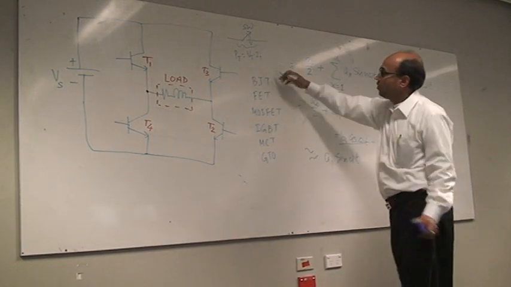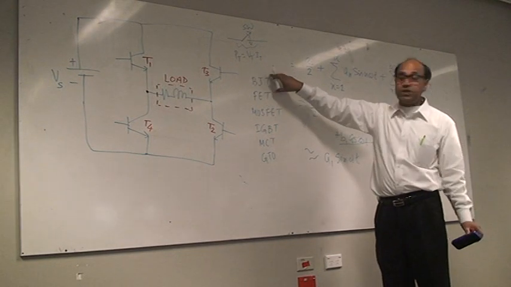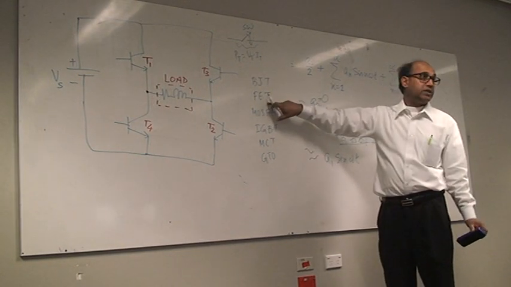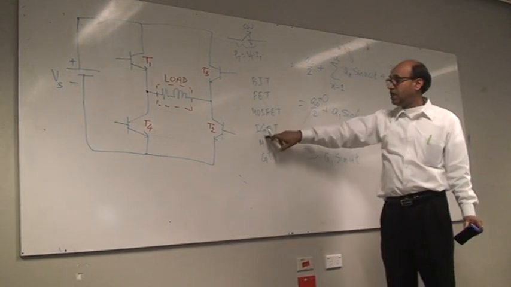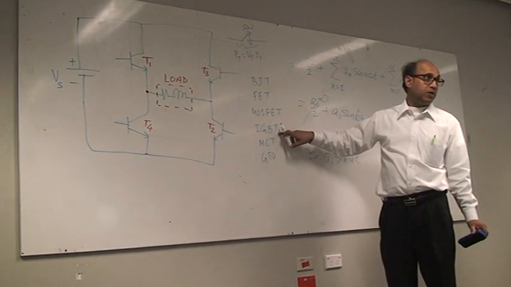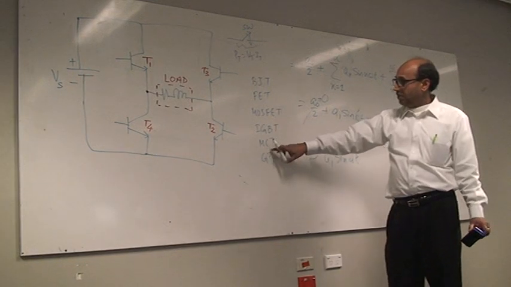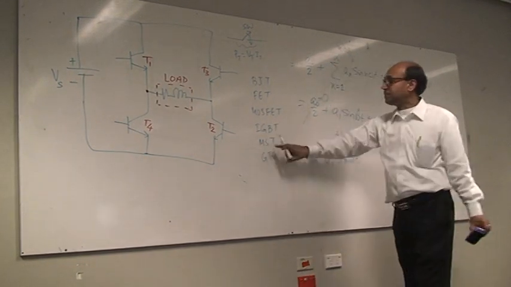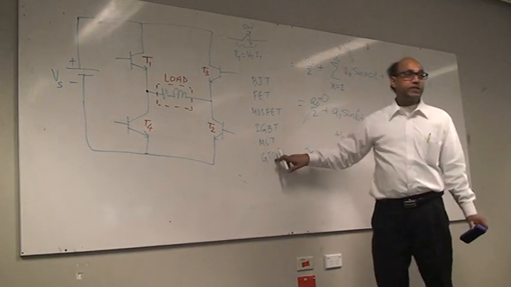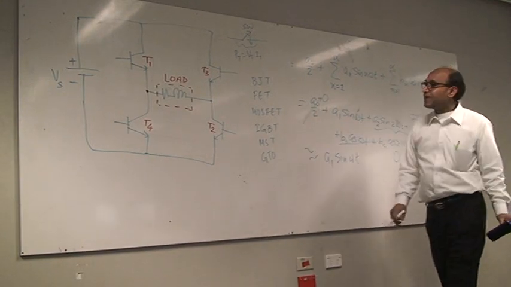So BJT, bipolar junction transistors; FET, field effect transistors; MOSFET, metal oxide semiconductor field effect transistors; IGBT, insulated gate bipolar transistors; MCT; and GTO, gate turn-off thyristor.